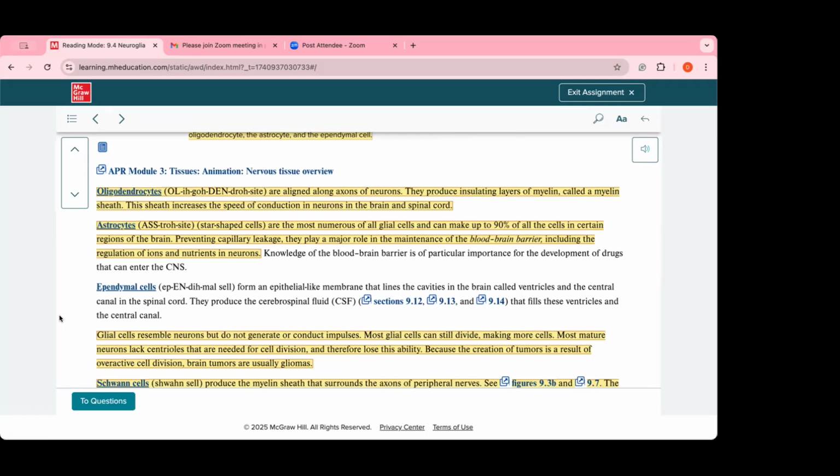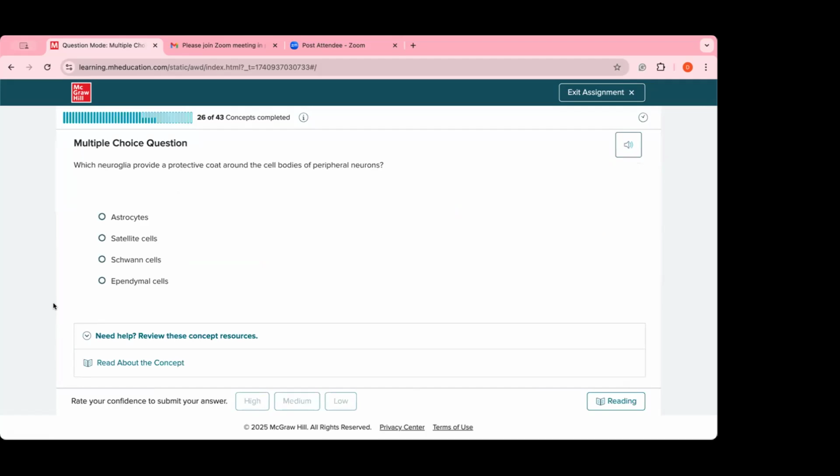So Schwann cells would, okay, go to the question. So Schwann cells provide the protective coat around the cell bodies of peripheral nerve. Schwann cell.